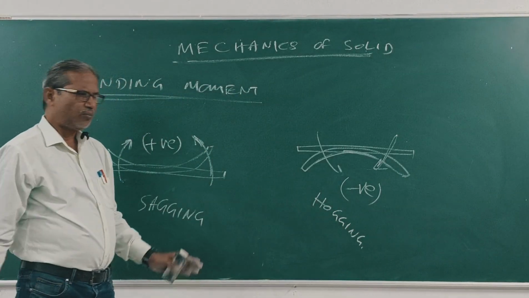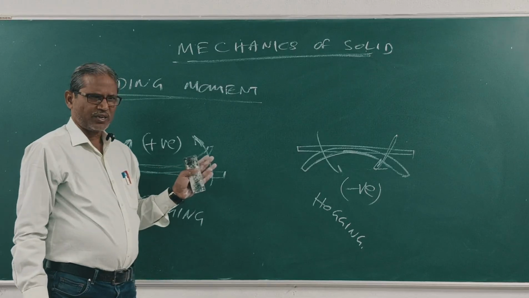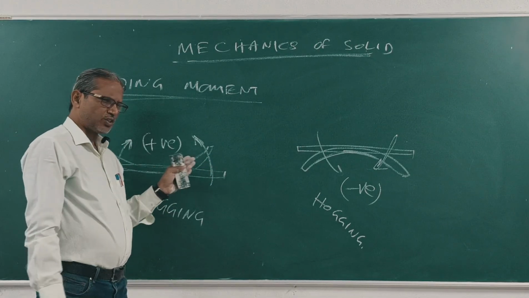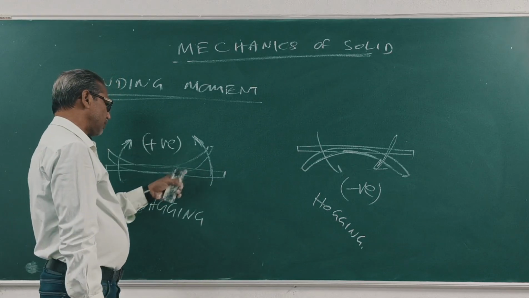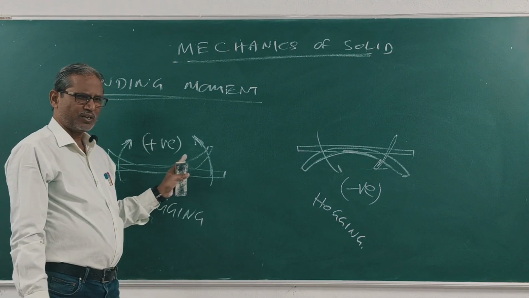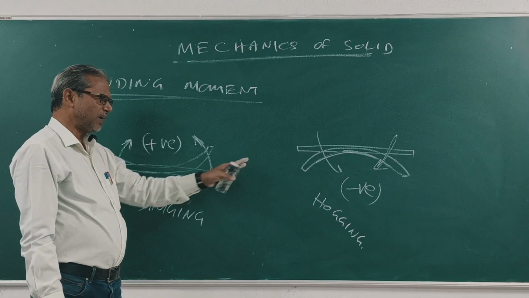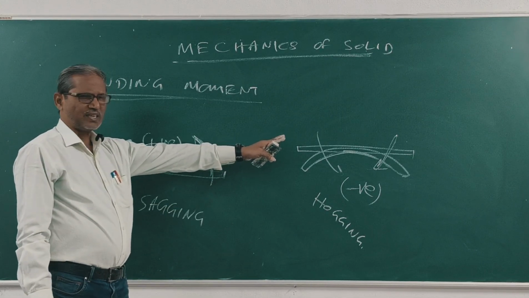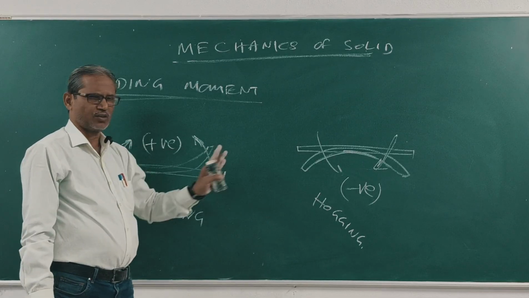Clear? So whenever a body is subjected to forces, if the moment is such that it forms a concavity at the top, then the bending moment is positive. Similarly, if the moment is such that it makes convexity at the top, this is called negative.